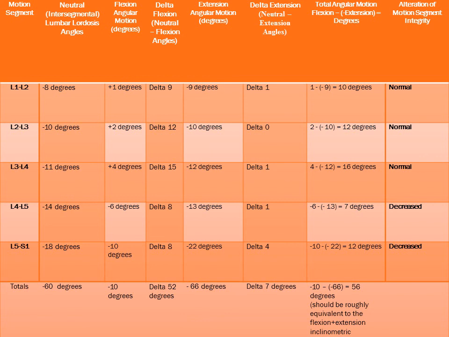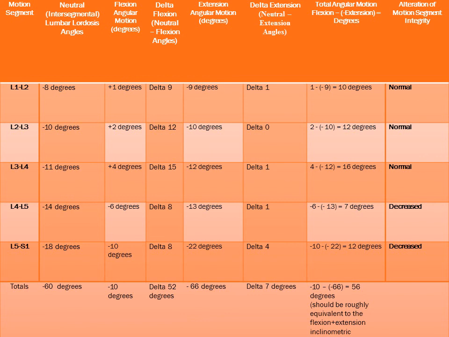So the bulk of the motion of this motion segment is found in lumbar flexion, with very little motion in lumbar extension. So even though the global range of motion at 10 degrees is roughly consistent with what the AMA guides describe as normal, which would be 12 degrees, you might argue that there's a loss of motion segment integrity in moving into lumbar extension, and in fact that there's a loss of motion of the spine in extension.